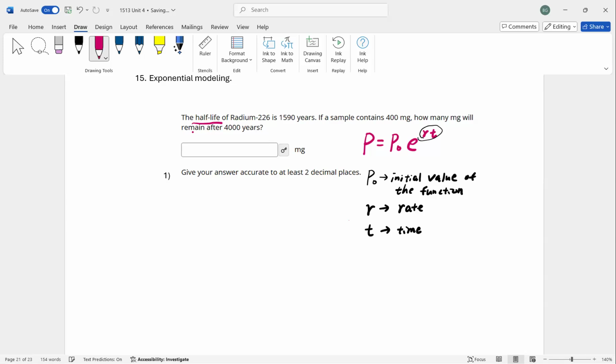Let's say originally the sample is 400 milligrams. Half-life is 1,590 years. That means it's going to take 1,590 years for the substance to decay to 200 milligrams. So that is the meaning or explanation of half-life.